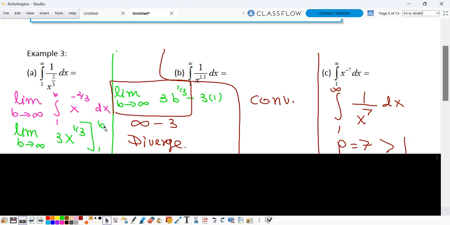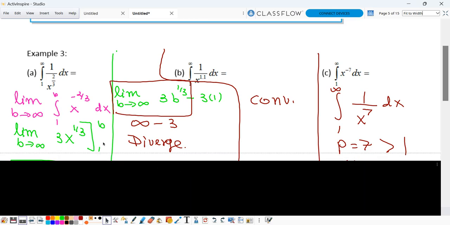And bounds are 1 and b, limit as b goes to infinity. So this goes to 3b to the 1/3 minus 3.